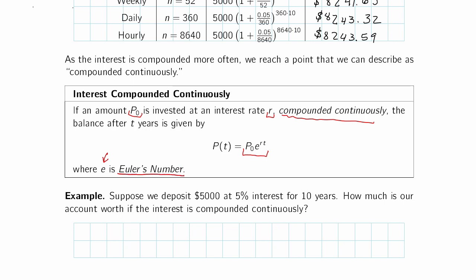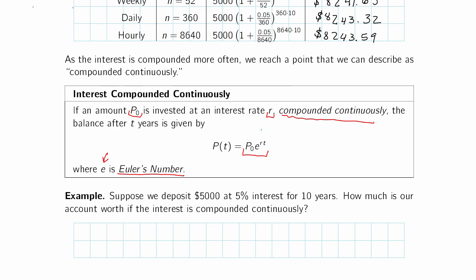I know it doesn't look like it, but that word is pronounced Euler. It's the name of a mathematician. And when you look at it, this formula is real weird. It's definitely real weird.